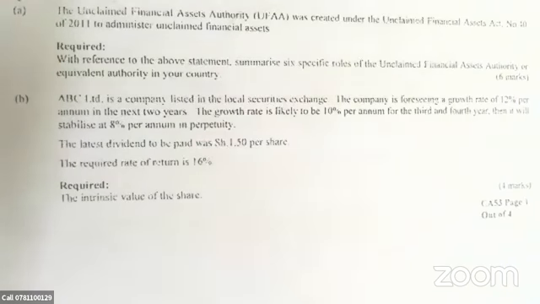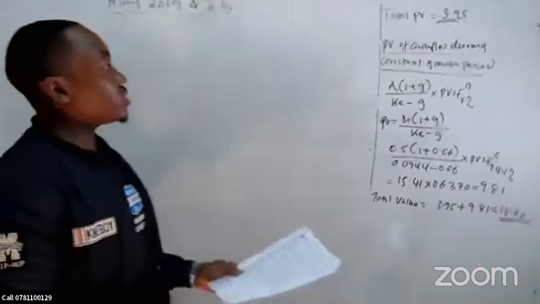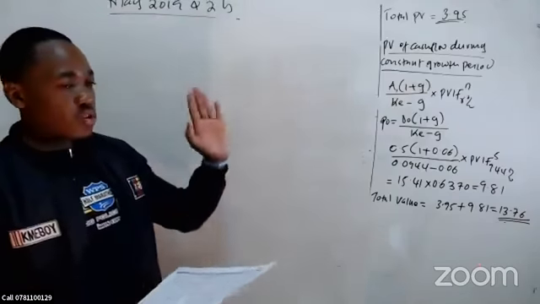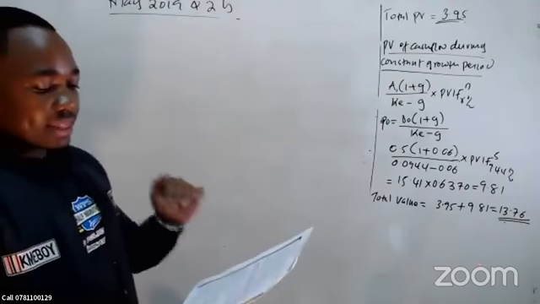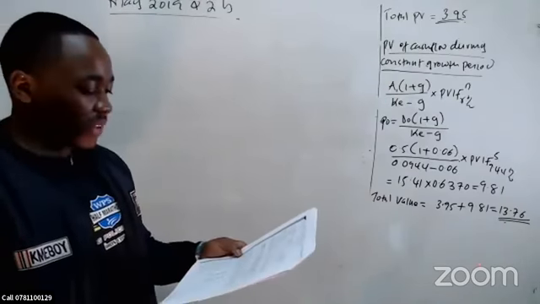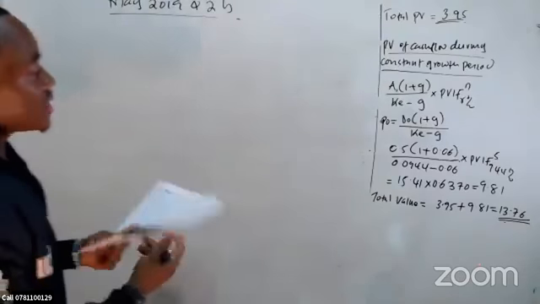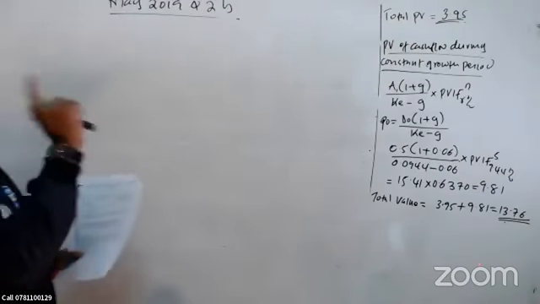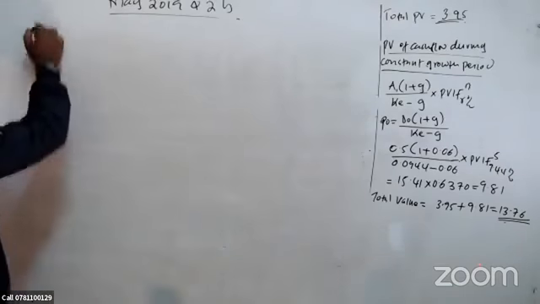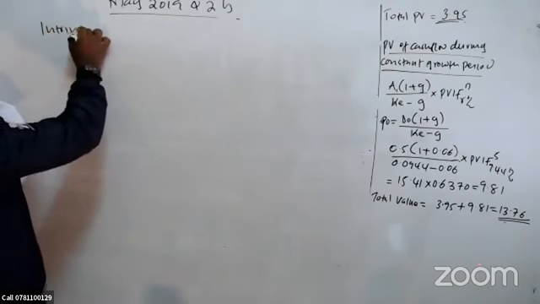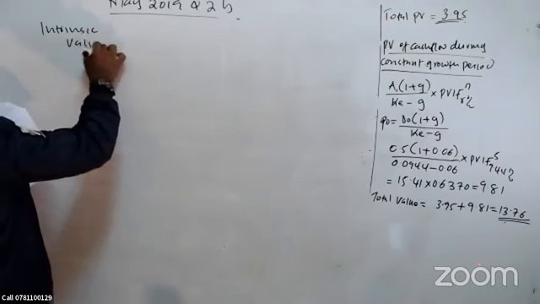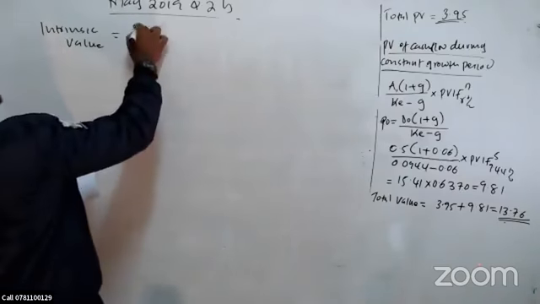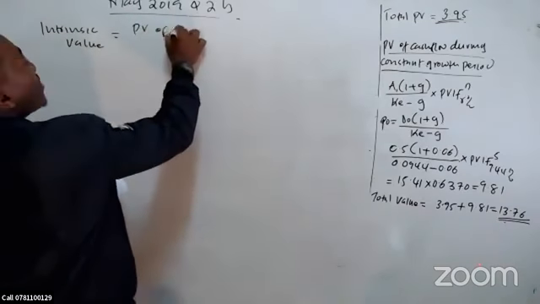So now, in this case, we are not getting the value of the firm. We are getting the value of a specific security, which I think was preference shares. How do we get the intrinsic value, which is the same as getting the value of the company, but in this case just one security? To get the intrinsic value, you just take the present value of dividends.